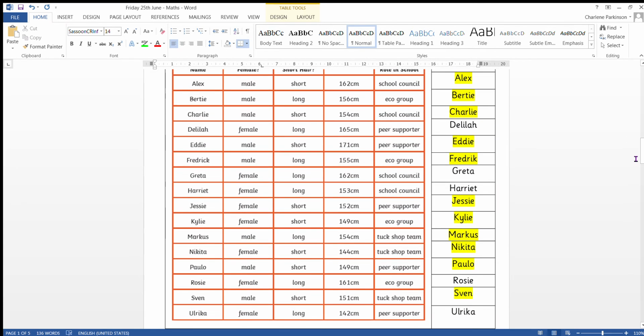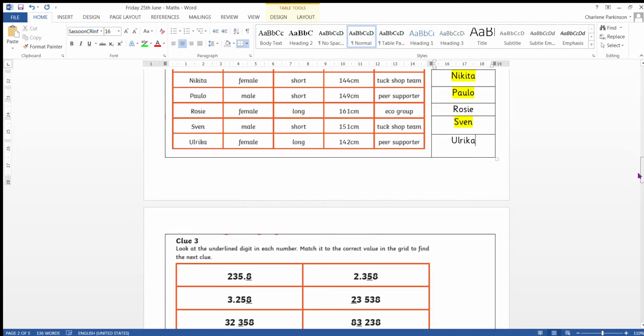The second one said the key keeper has long hair, so you had to get rid of everyone who was a girl with short hair. You should have been left with Delilah, Greta, Harriet, Rosie, and Ulrika, I think is how you pronounce it. If you haven't, this is on the sheet now, so you've got the right answers to begin today's learning with.